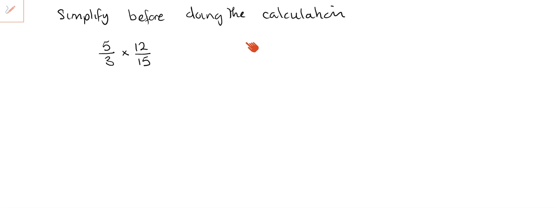If you want to explain, I need a complete explanation with reasoning so everyone understands. You go for it? So at the start, I saw that 5 and 15 were in the same times tables, so I crossed out the 5 and I put a 1 there.